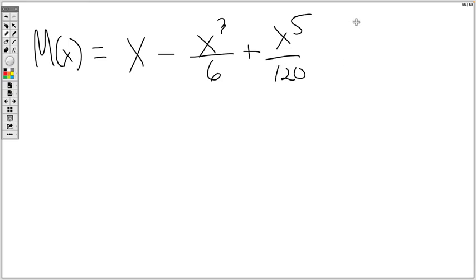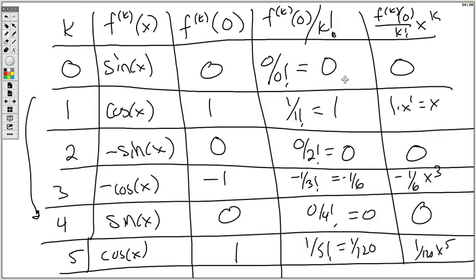Now this is how you can tell if you see the pattern. Can you tell me what the next one would be? Would it be plus or minus? Minus. What would the power on x be? 7. And what would the denominator be? Well, let's look. That's 1 factorial, 3 factorial, 5 factorial.